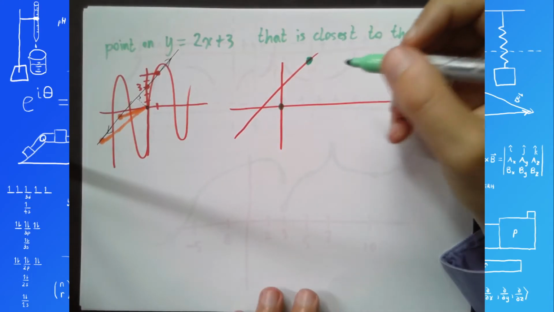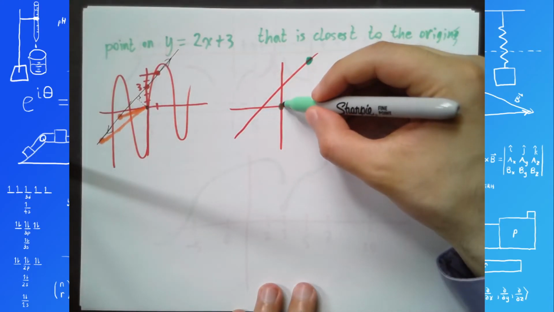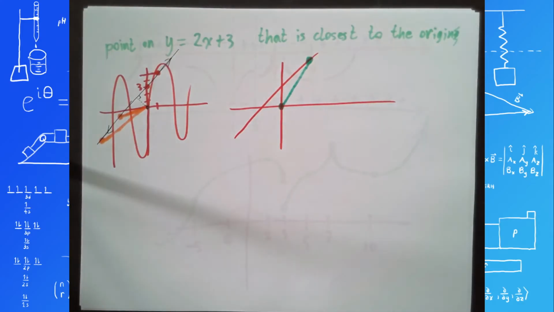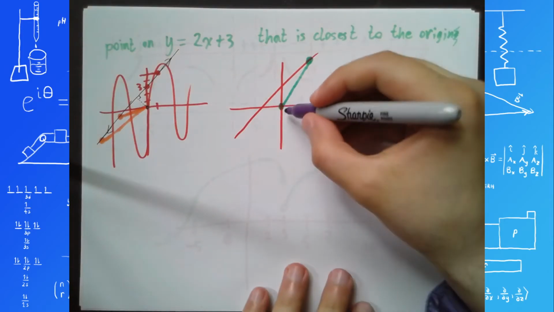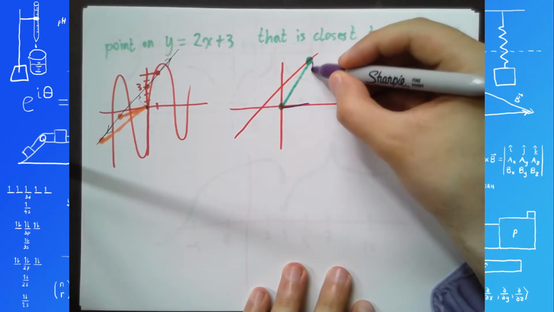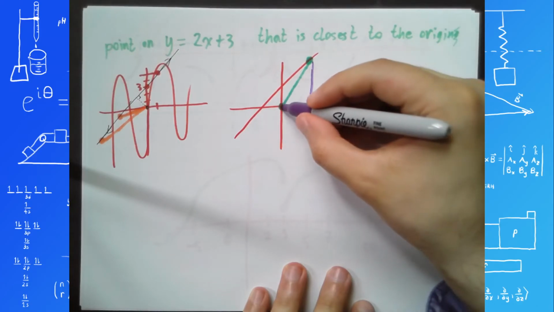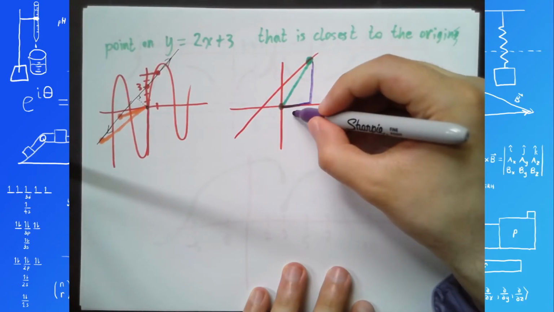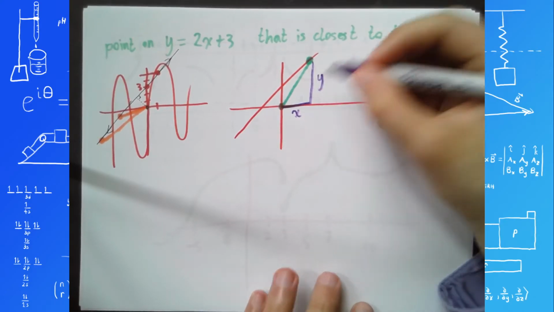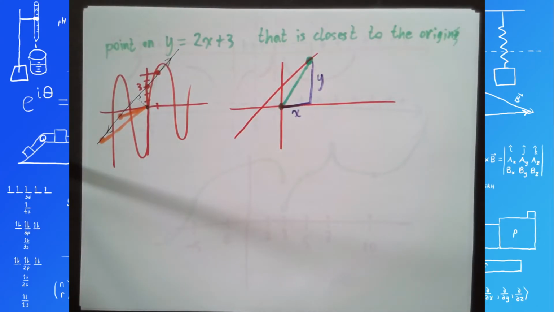Okay, what is the distance of that point from the origin? What is the length of that green line? Well, we can draw a right triangle pretty easily here. So we can draw this, and we can draw this. And this is going to have a base of x and a height of y, if that's how you prefer to name them.